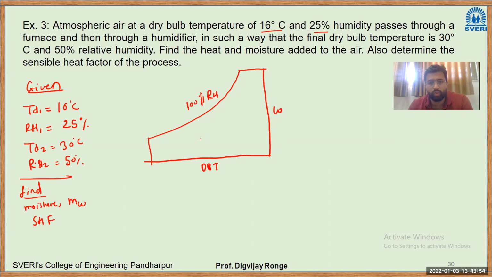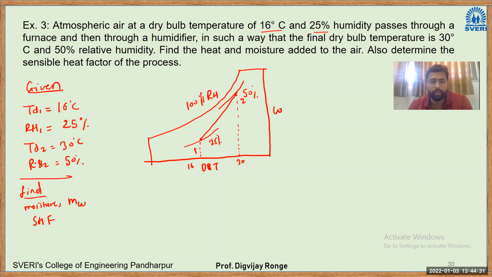We have low temperature and low humidity air, which is at 16 degrees Celsius and 25% RH. Then it is heated and moisture is added, so it reaches this point. Here the temperature is 30 degrees Celsius. Initially the RH was 25%, finally the RH is 50%. So here is point 1, this is point 2, and this is the line.